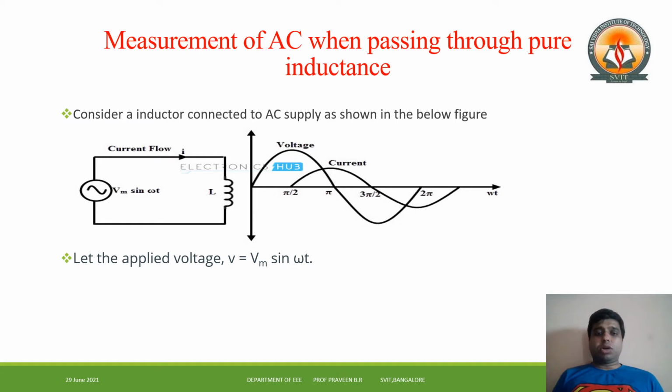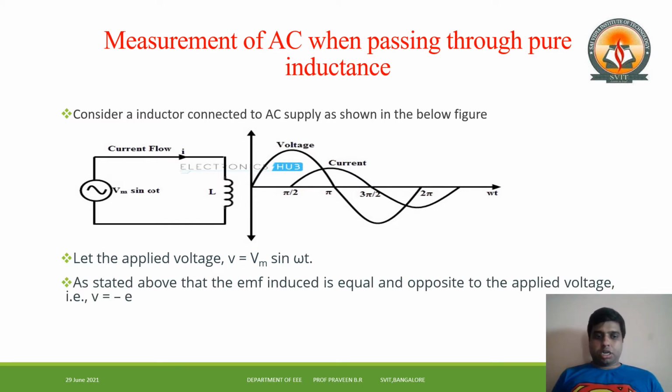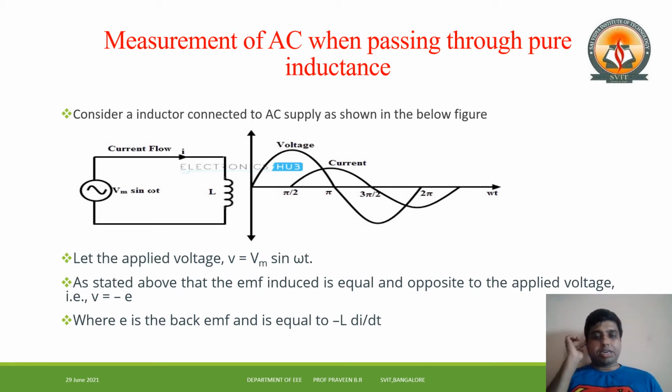So if V = Vm sin omega t is the supply voltage, then the EMF opposes the supply voltage. Hence, we get E = -V. Therefore, E is the back EMF, and by the self-inductance property, we get E = -L di/dt.